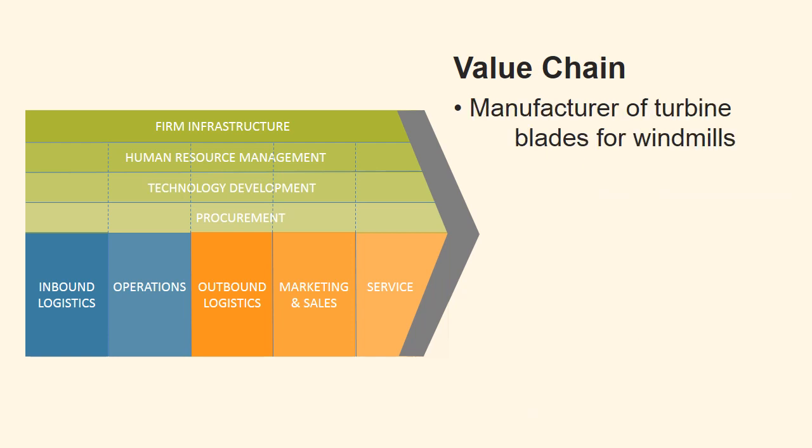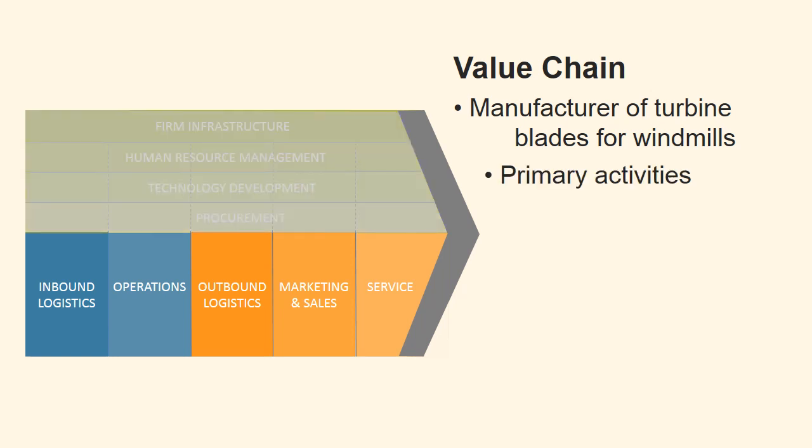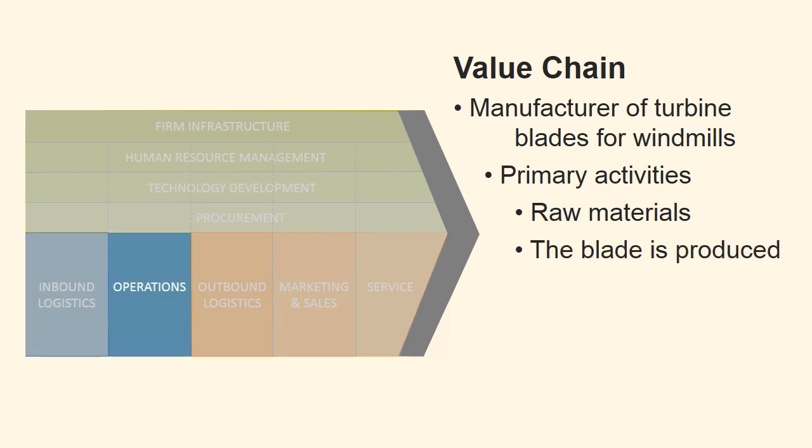Here follows an example of the use of the value chain with a manufacturer of blades for wind turbines. For simplicity, first we will review the primary activities. A manufacturer receives in inbound logistics raw materials to be included in the blade later. The raw materials shall hereafter be part of the primary activity operations, in which the blade will be produced.